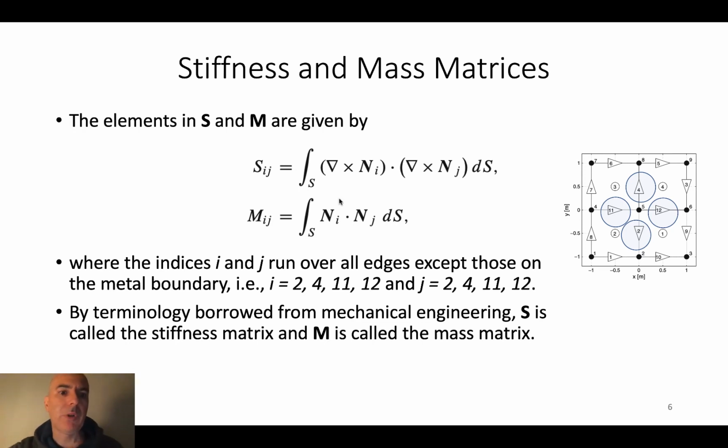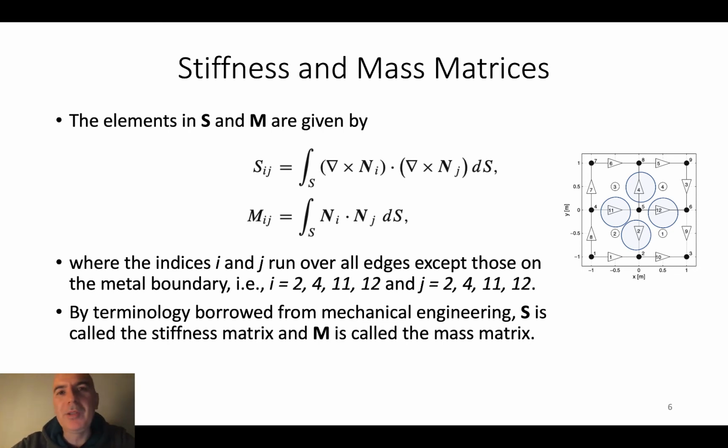You might wonder why we call them stiffness and mass matrices. Well, the reason is that these two matrices are very much in use in mechanical engineering, right? The stiffness of the material and the mass of the material are very important parameters.